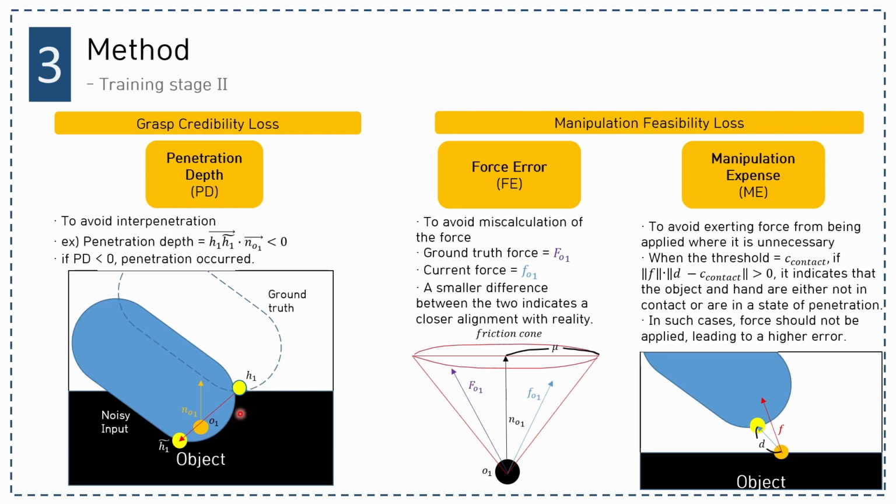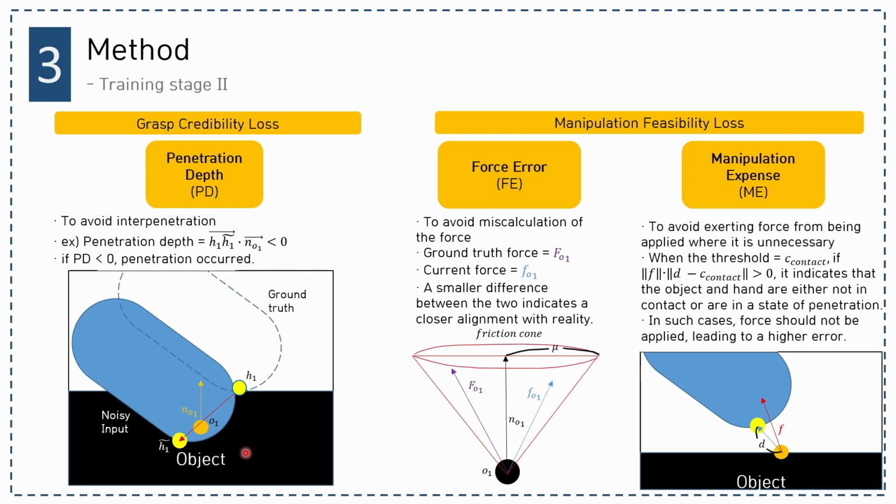If there is a 0.01 on the object surface corresponding to point H1 on the hand, and noise moves H1 into a new position, penetration depth is calculated by the dot product of the red vector and the object surface normal vector N01 at point 01.